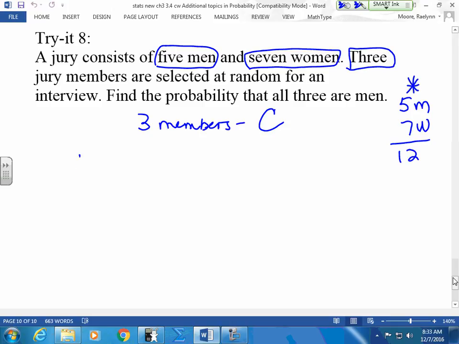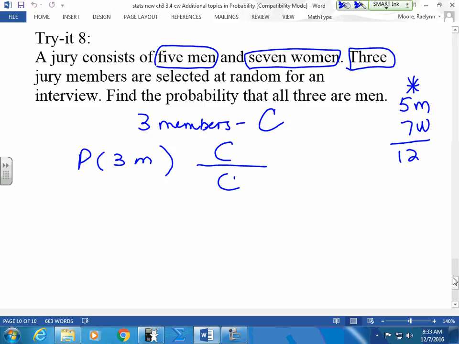I want to find the probability that I get 3 men. This is the easiest way to start, because otherwise you look at it and you say, all right, what do I do now? So work one step at a time. Lay out the numbers. Lay out, is it permutation, is it combination? If it's a probability, you got part over whole. So therefore, I'm going to go C over C. The bottom number is your whole. That's your generic.